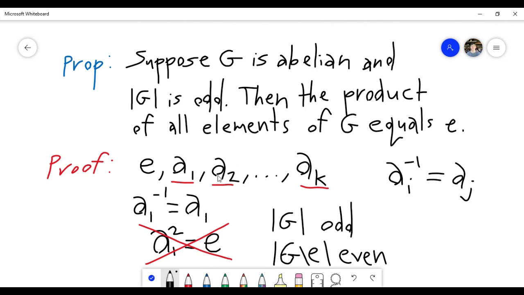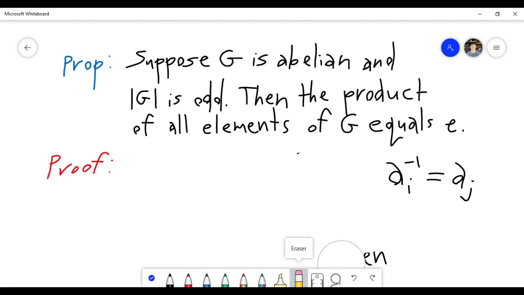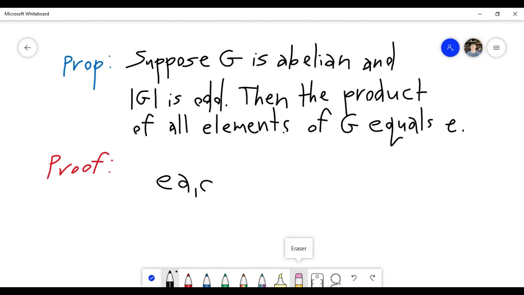And so now if you think about multiplying all of the elements together, create some room here. So if you multiply all the elements together, you're going to have, first of all, e. But then you're going to have a1, and you're going to have the inverse of a1. You'll have a2. You'll have the inverse of a2.